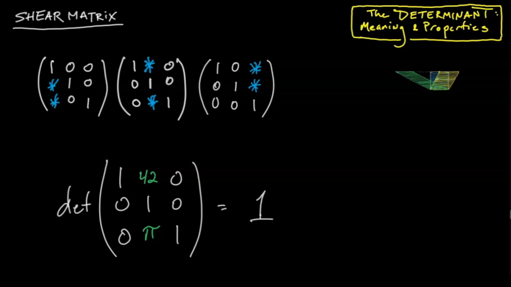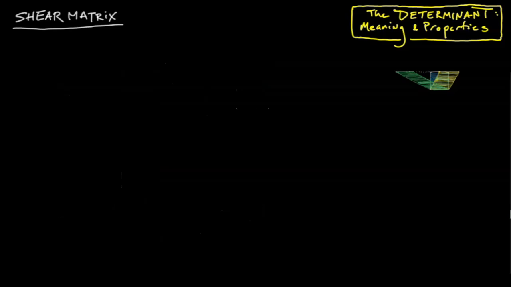Well, I'll bet you can guess where this is going next. Suppose we have a shear in R4. Now, I really can't draw you a picture, but that's quite all right. You understand what's going to happen. We're going to have a shear parallel to one of the not coordinate axes or coordinate planes, but a coordinate hyperplane. Let's say our shear is parallel to the XYW coordinate hyperplane.